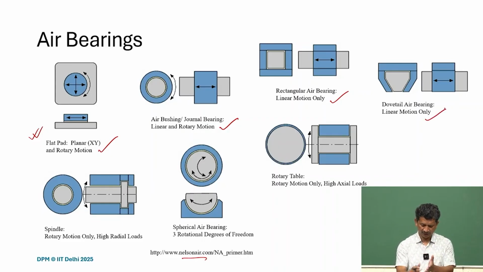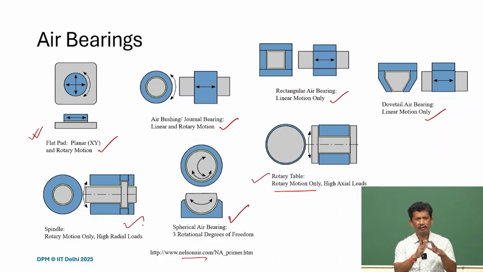Different arrangements, we can get dovetail air bearing. So, for rotary table applications, you want to have rotary motions only and very high axial load. We can create that kind of interfaces, spherical air bearings, or even the spindles.